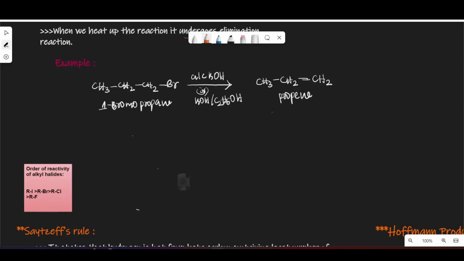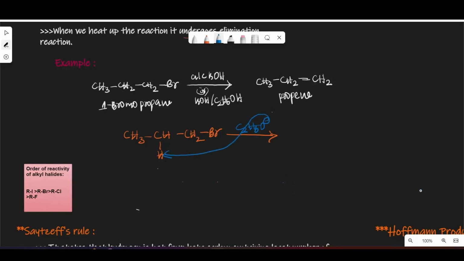Let me explain the mechanism also. Here we are taking 1-bromopropane, CH3CH2CH2Br. Let's write this hydrogen like this. The base acts and abstracts this hydrogen.